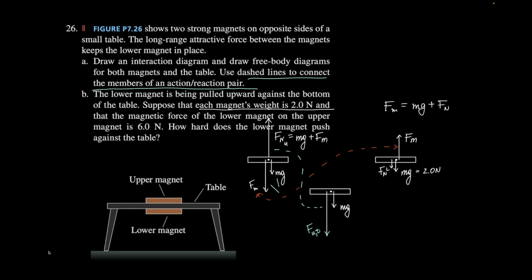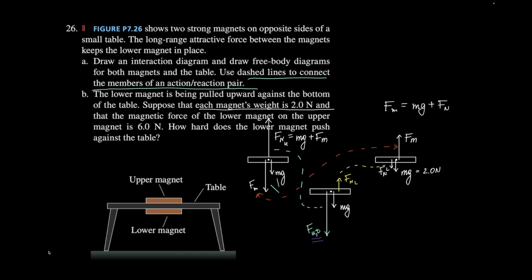I am missing, for the table, this will be the normal force from the lower magnet, and that's your dashed line, action-reaction. So the magnet presses into the table, and the table presses into the magnet. And I am missing one more: the force from the floor onto the table, which doesn't have any pair.